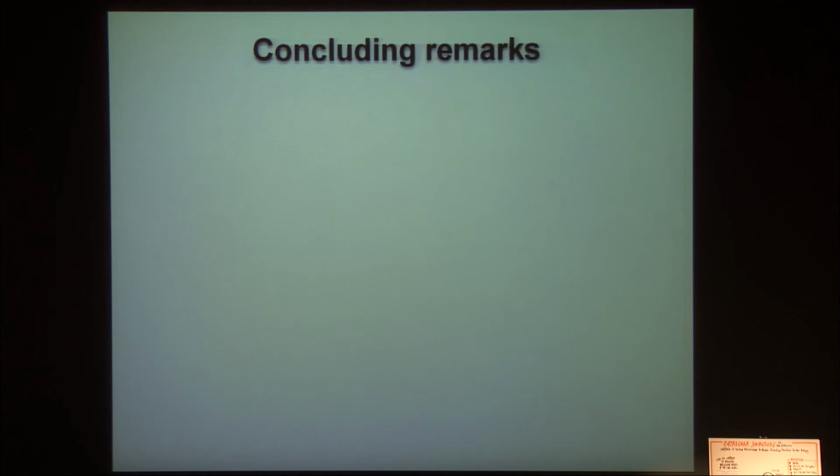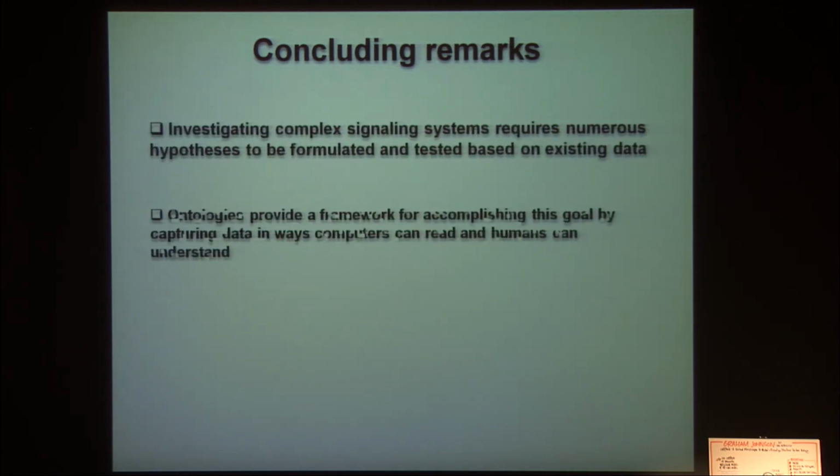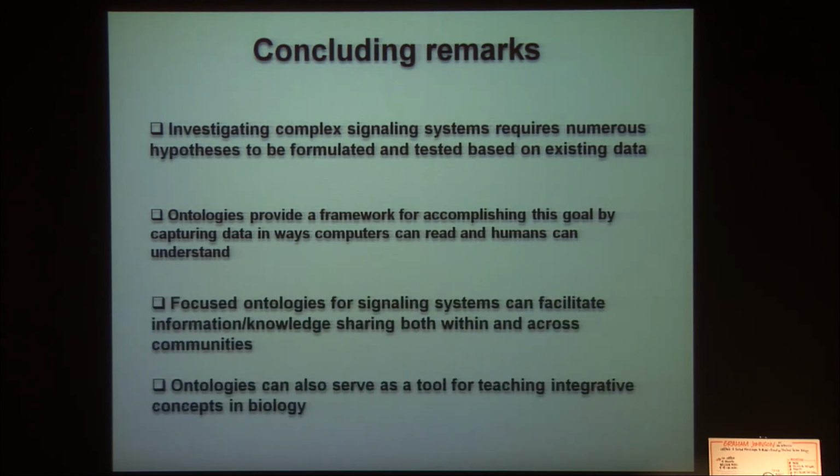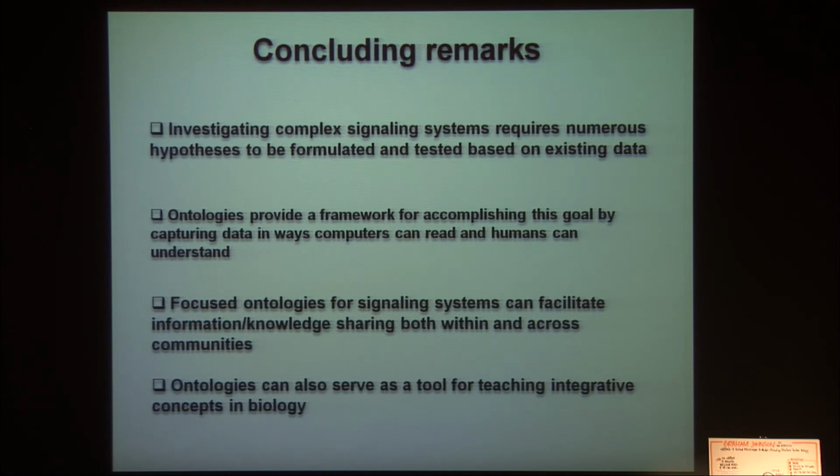In summary, I'll conclude by saying that investigating complex systems obviously needs numerous hypotheses to be formulated and tested, and ontologies provide a framework for accomplishing this goal. I didn't get a chance to talk about this, but by building focused ontologies, we could also have a framework for integrating communities, because there are certain semantics and terminologies that people within a particular community use.